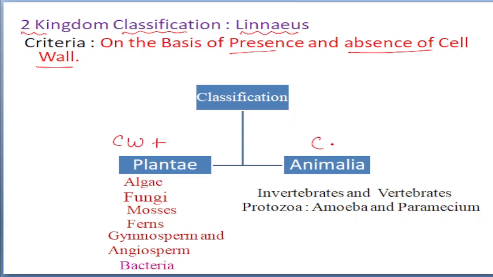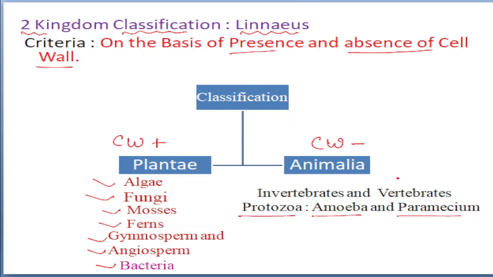The examples included in Plantae are algae, fungi, moss, fern, gymnosperm, angiosperm and bacteria. All have a cell wall, while in case of Animalia, the examples are invertebrates and vertebrates. Second, protozoa, examples are amoeba and paramecium. In all these examples, the cell wall is absent.